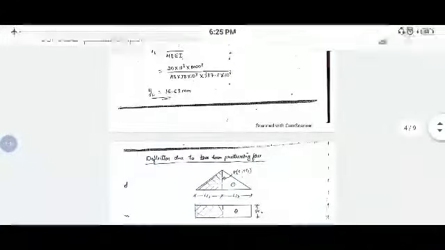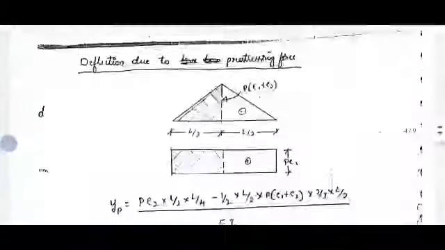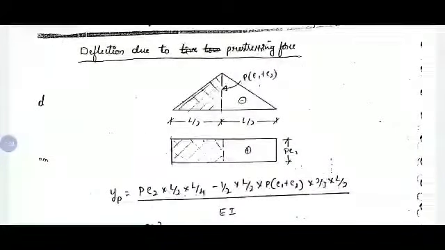Then deflection due to prestressing force, here it is triangular shape with eccentricity at both midspan as well as support section. So first the bending moment diagram will be considered as of the same tendon profile, that is triangular shape with total eccentricity, the summation of support eccentricity and midspan eccentricity, total eccentricity or depth of the cable we need to consider.